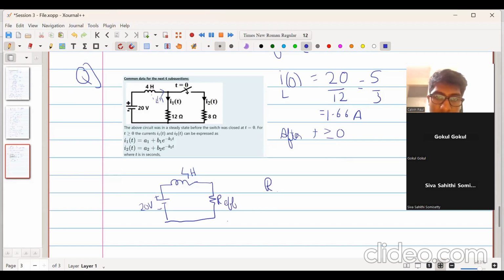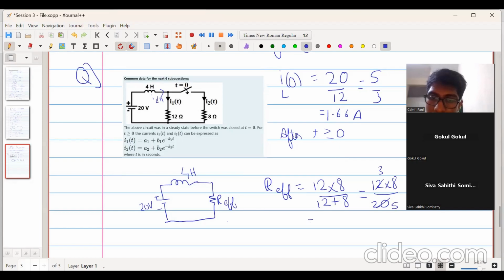What will be the value of this resistor? 4.8, sir. That is a parallel combination of this 12 ohm resistor and this 8 ohm resistor, so 12 into 8 divided by 12 plus 8, which is 12 into 8 divided by 20, that is 4.8 ohm.